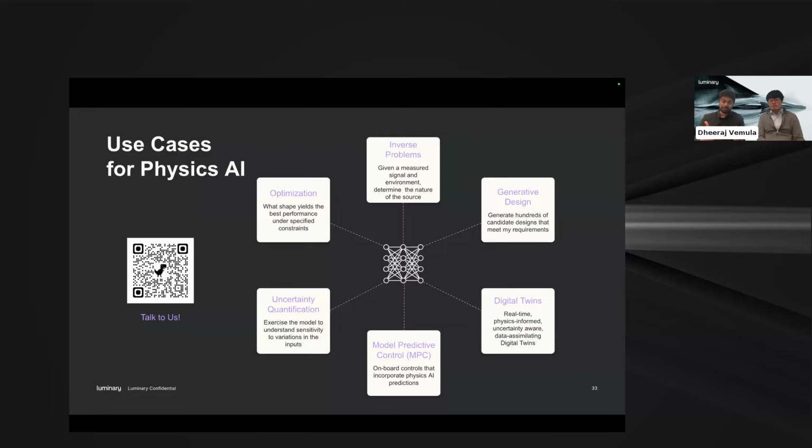This is a snapshot of how our customers are using really fast optimization, inverse problems, generative design, digital twins, as you have seen today, model predictive control, where you have a physics-based model inside the controller loop, and uncertainty quantification, especially for, again, real-world, real-time applications. So there are different areas where we have deployed physics AI solutions for our customers.